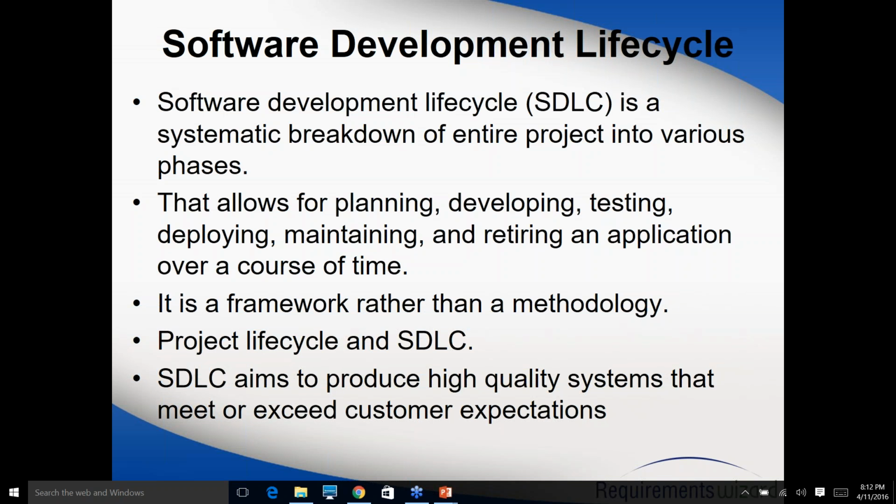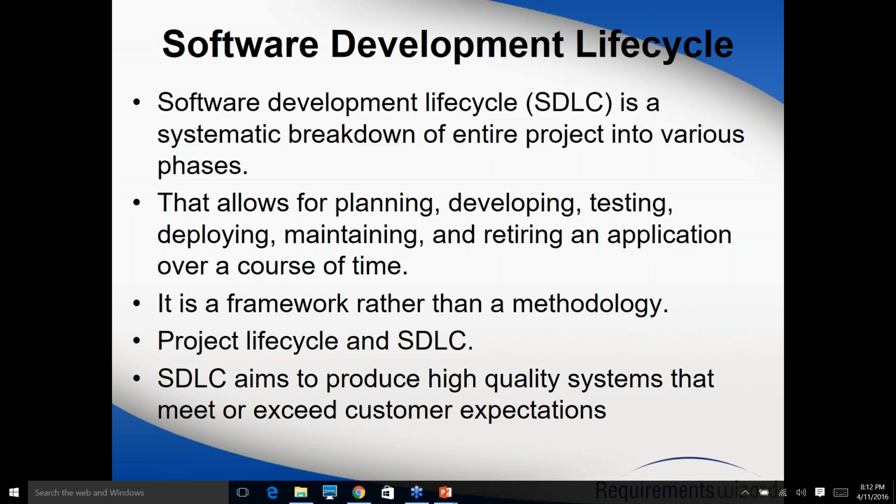The second point, as you can see here, is that it basically assists the team to plan, to develop the system, to test it. Once you test it, you need to deploy it. Deployment means you put that system into a live environment where the end users will be using it.